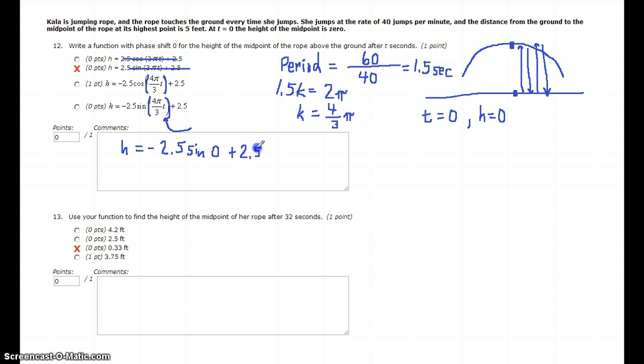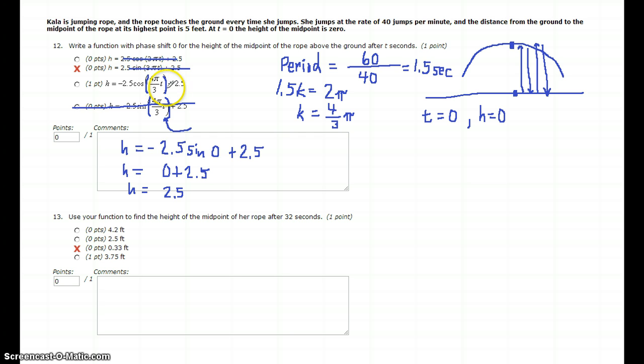The sine of 0 is always just 0. So that means h is equal to negative 2.5 times 0, which is 0, plus 2.5. If this were the correct answer, we're supposed to have a height of 0, but we end up with a height of 2.5. So this one cannot be the correct answer.